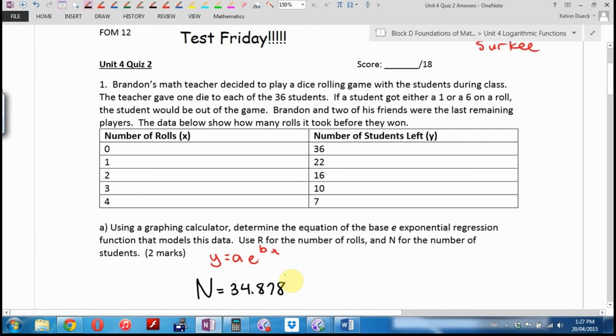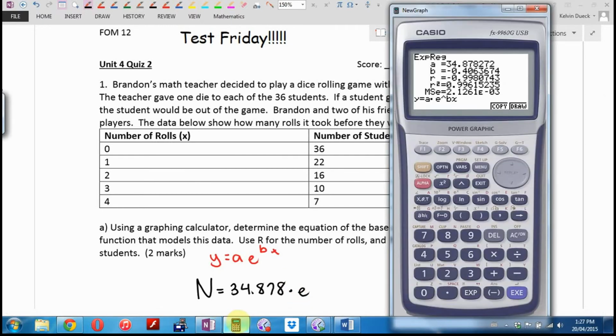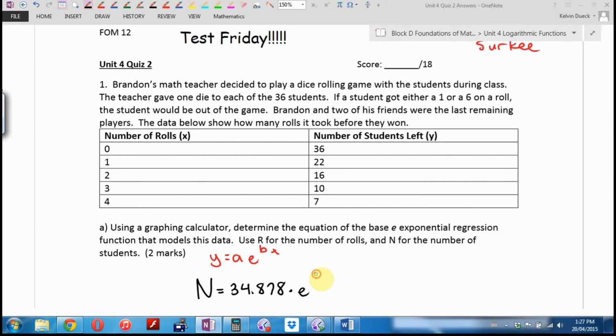To be honest, if you went 35, that's fine as long as you copied the equation accurately on your graphing calculator. Times e to the, what's b? Negative 0.406. x is n, number of rolls.